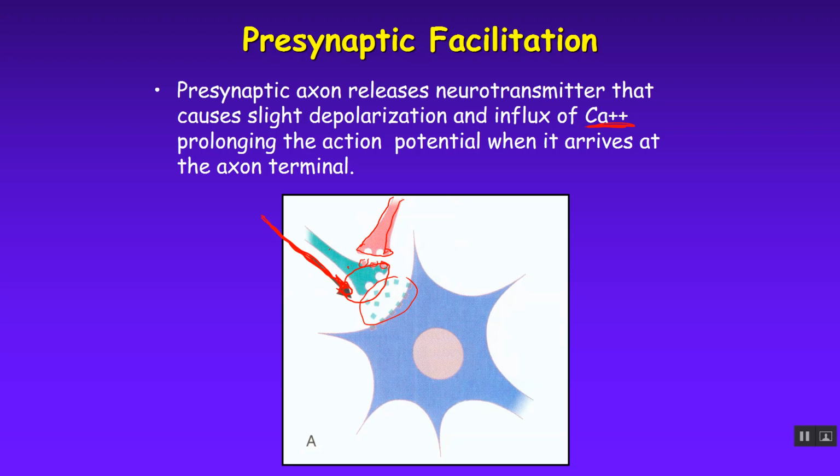It's already a little more positive. So when it gets there, even more calcium is going to come in, and you're probably going to get an even stronger or larger release of neurotransmitter at that synaptic cleft than if you didn't have this guy helping it out. Okay? So basically, this is giving this neuron a little bit of a helping hand to amplify the signal when it does get there. So you tend to release a little more neurotransmitter than if you just sent that action potential alone and didn't already prime it with a little bit of positive charge before it got there.